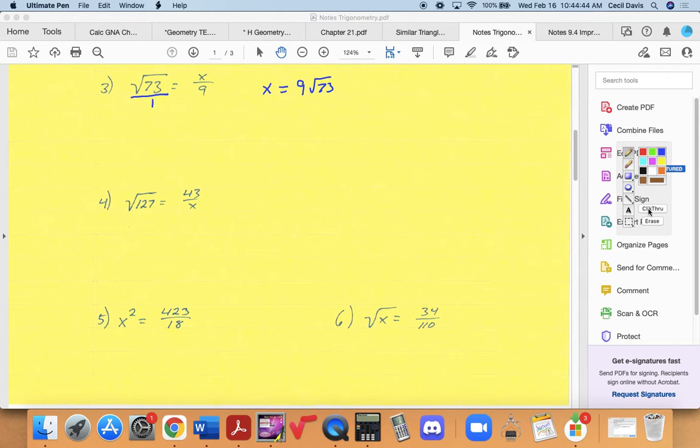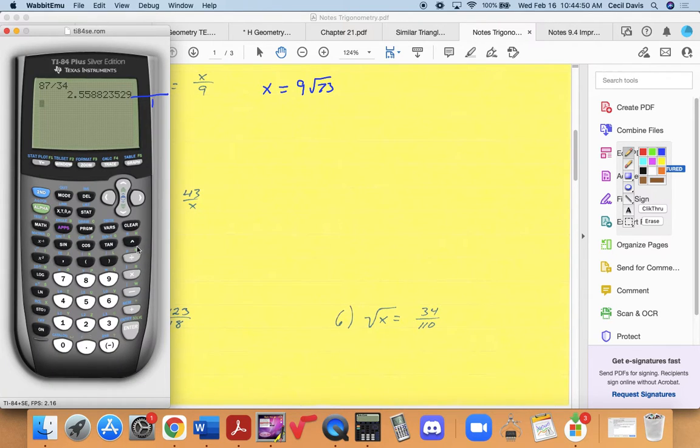But they asked us to approximate our answers to the nearest hundredth. So we'll do this on our calculator. That's 9. And you don't even have to put the times, but you can. Square root 73. We'll look at the number after the hundredths place. So we're going to add 1 to the 9.